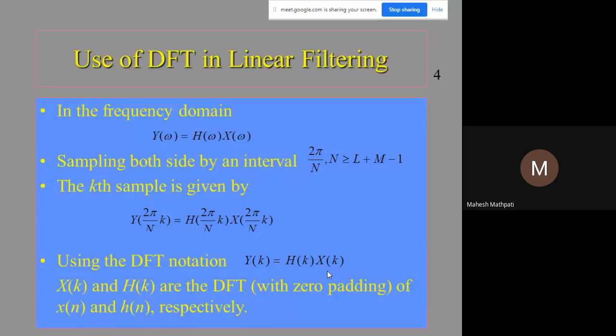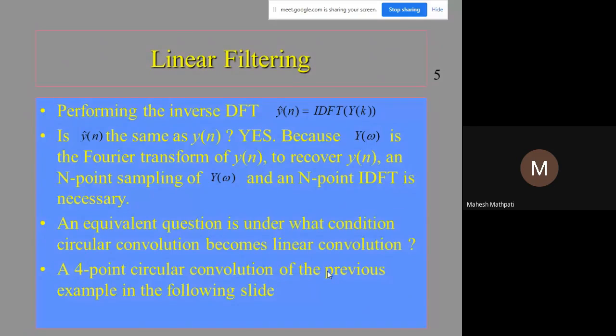So any confusion here? Can I move to the next part? Next point, performing the inverse DFT. It is like the process we have done for calculating a circular convolution with the DFT and IDFT method.